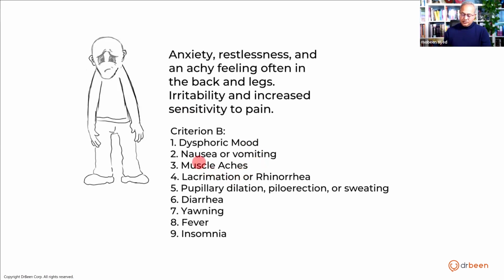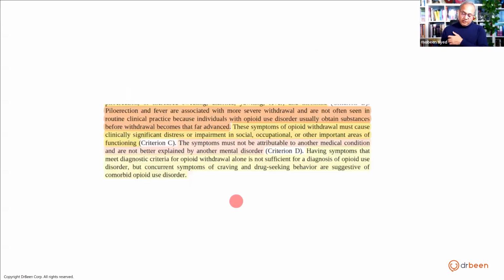And then we know these symptoms, we have done them before. Dysphoric mood, nausea, vomiting, muscle aches, lacrimation, rhinorrhea, pupillary dilation, piloerection or sweating, diarrhea, yawning, fever, insomnia. Now, some more features of these signs and symptoms. Piloerection, that is the hair, the goosebumps.